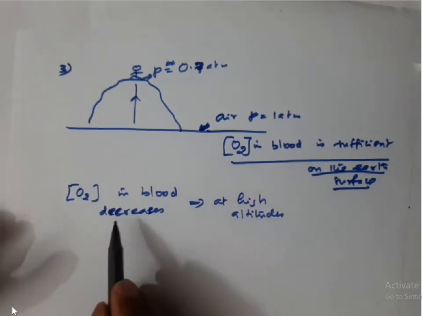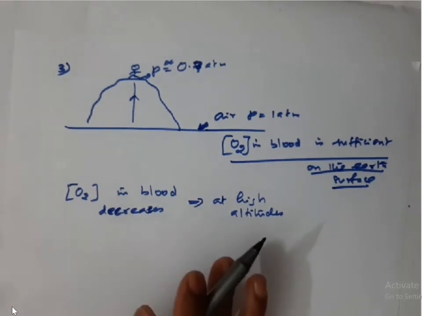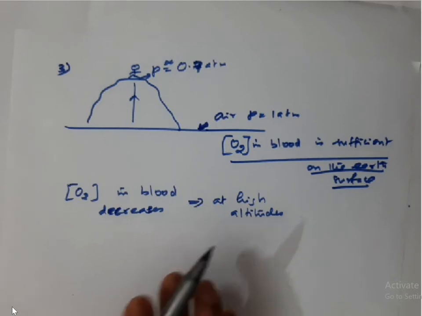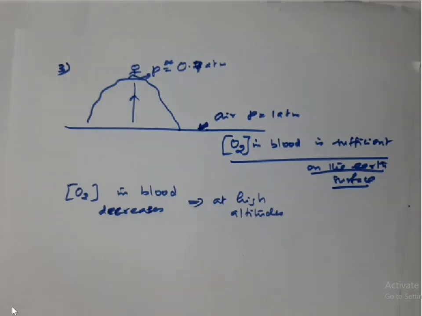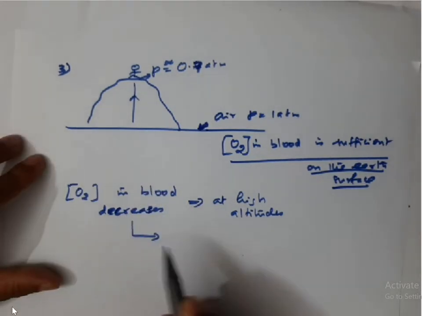Whenever oxygen concentration in blood decreases, people will get problems. So mountain climbers sometimes get this low oxygen concentration in blood, and this condition is what we call anoxia.